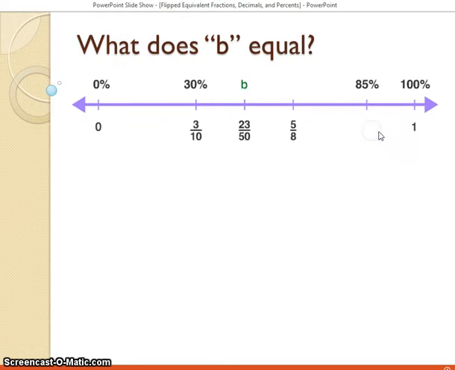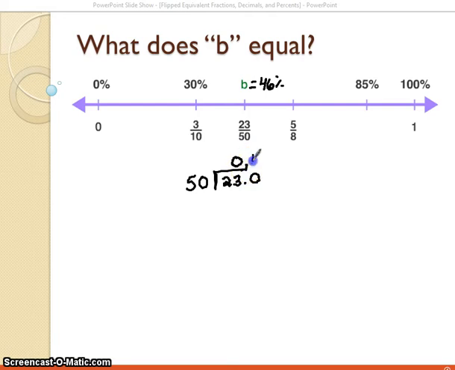Pause the video. You try to see if you can figure out what B would be. While you were working, you should have got that B is equal to 46%. You should have divided 50 into 23. When you did, it would go in no times, so you would add a decimal and a 0.